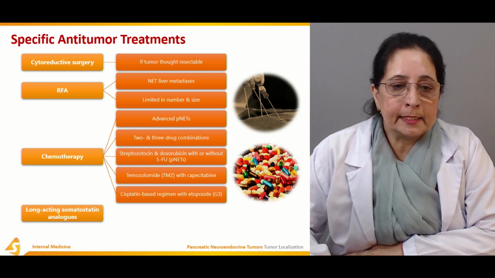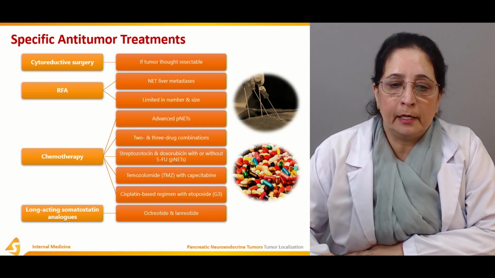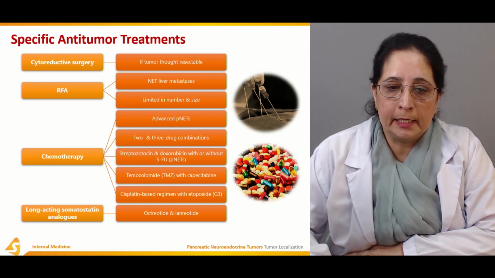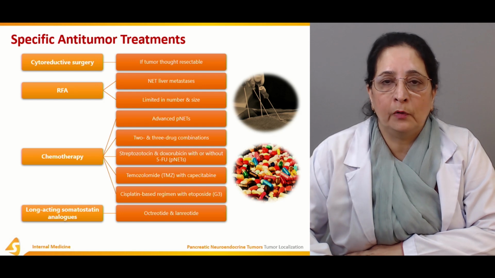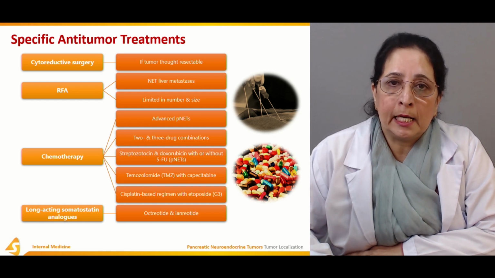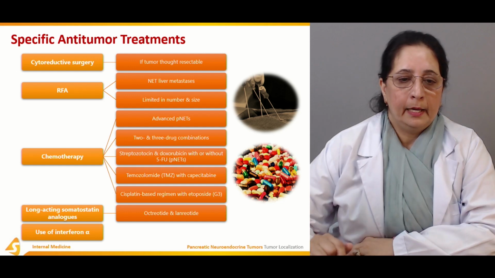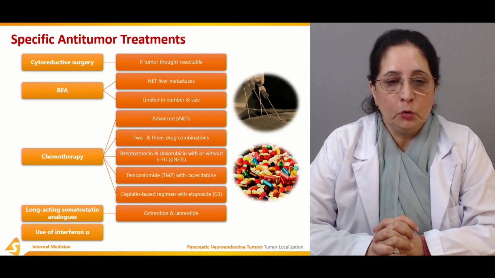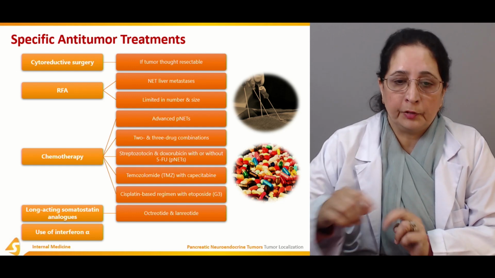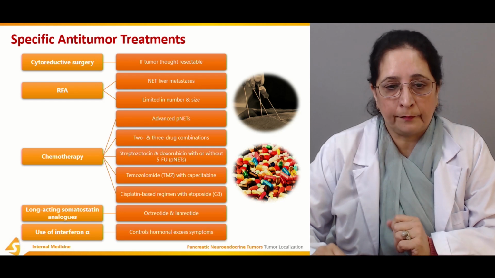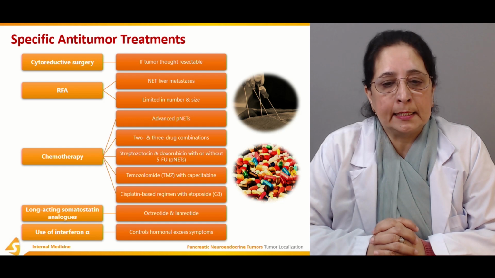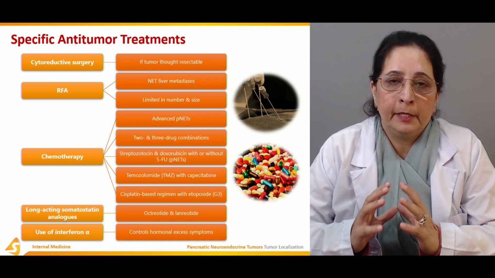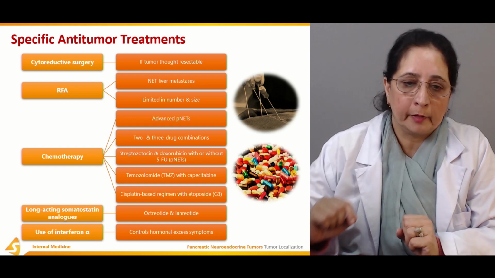Then long-acting somatostatin analogs, octreotide and lanreotide, can also be used for specific anti-tumor treatment. And finally interferon alpha, which mainly controls the hormonal excess symptoms of the patient with the neuroendocrine tumor.